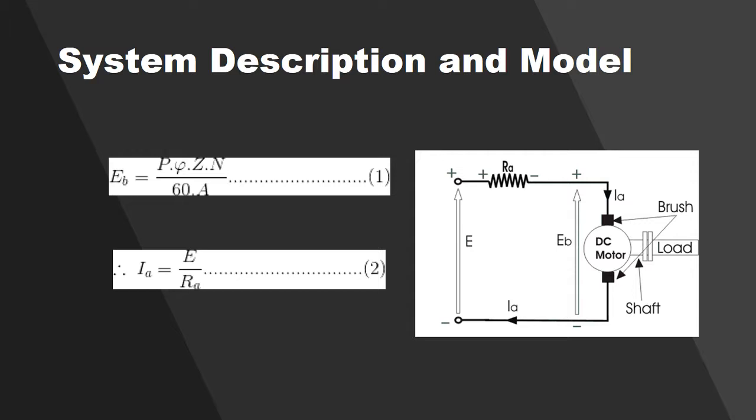In equation 1, P is the number of poles, phi is flux per pole, Z is number of conductors, A is number of parallel paths, and N is the speed of the DC motor itself. From this equation, you can see that EB is proportional to the speed. So whenever a direct current motor rotates, it results in the generation of back EMF.